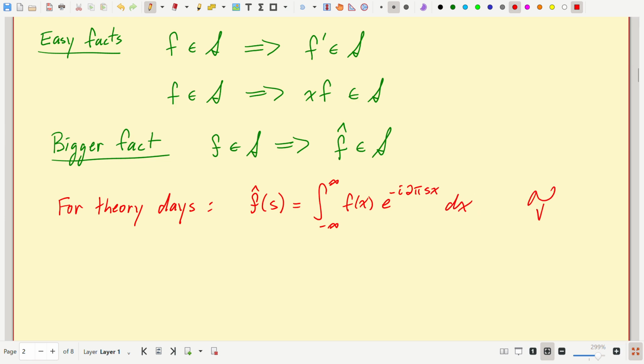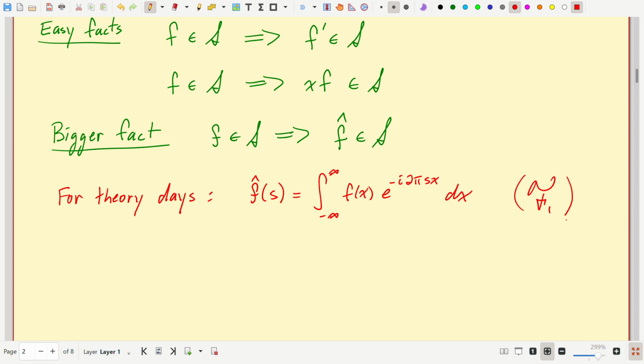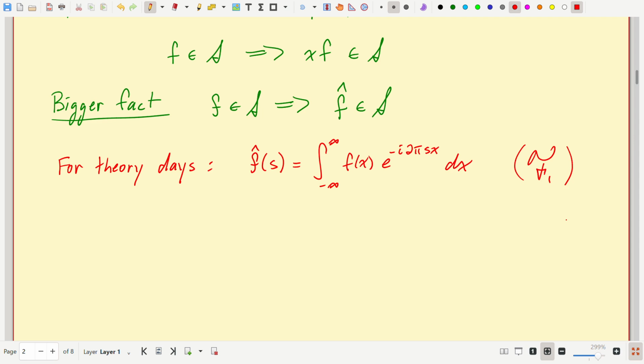So that's number one Fourier transform. Okay, so if you want to demonstrate that bigger fact, well, there's a bunch of properties that are relevant. So I'll call these important properties of the Fourier transform on S.